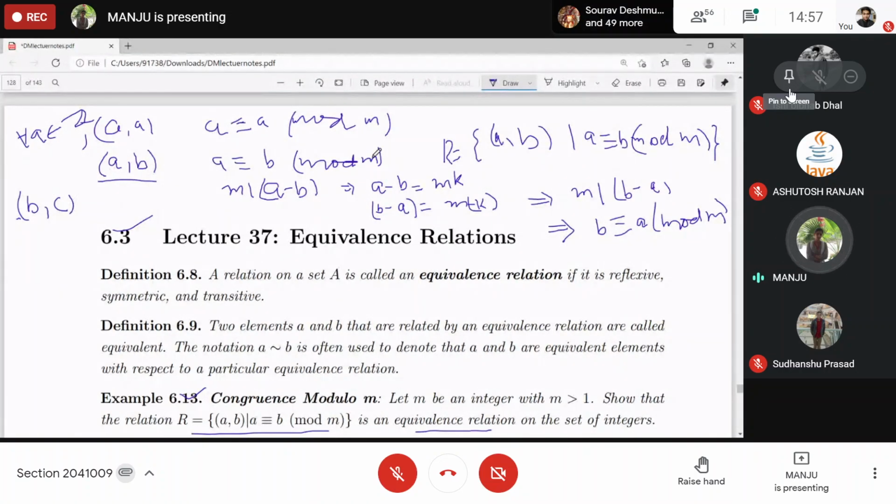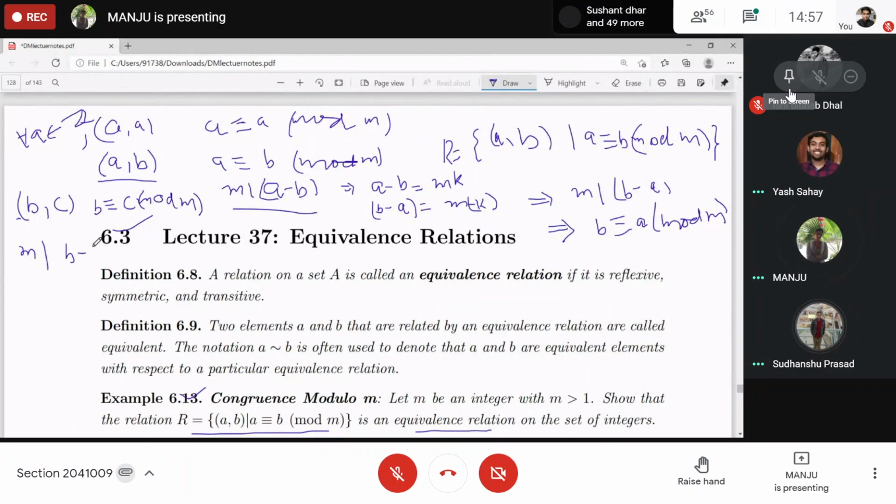This means A is congruent to B modulo M and B is congruent to C modulo M. Then from here you have M divides A minus B, and from here M divides B minus C. If M divides X and M divides Y, then M will divide the sum of these.